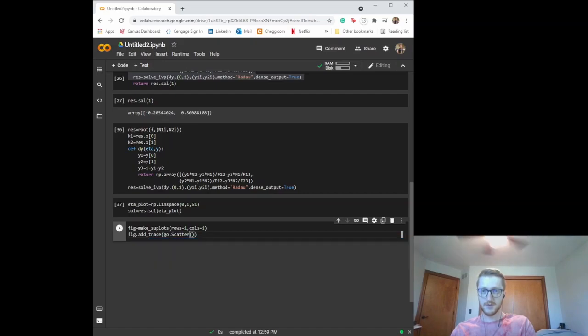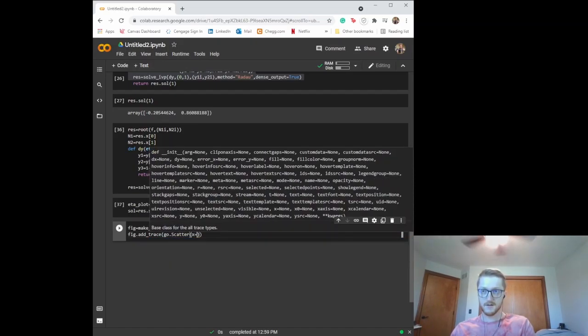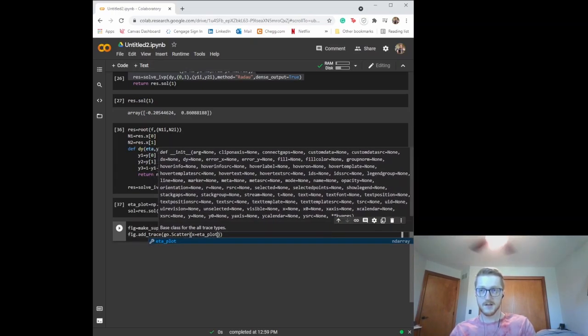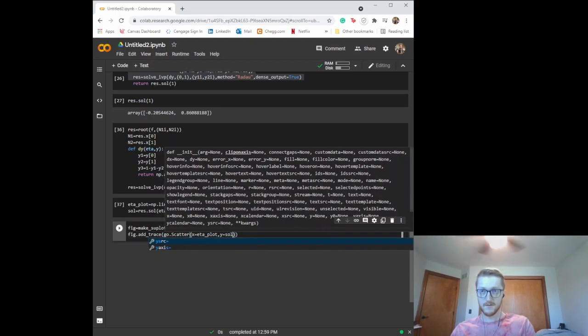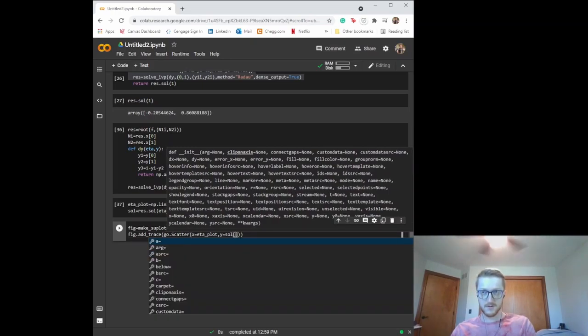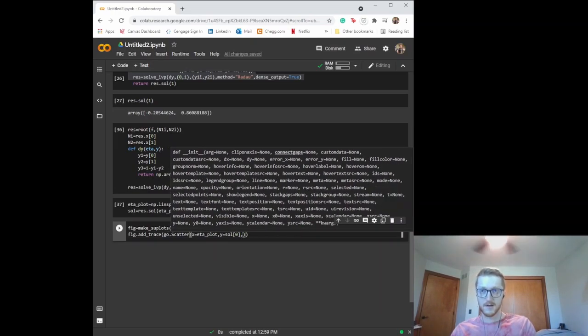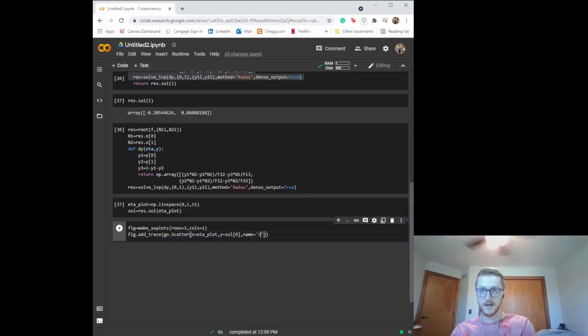And then with the scatter plot, you need to define your x values, which are going to be the eta plot, and that's those linear space values for eta. And then our y values are going to be equal to our function. In this case, this one is going to be for acetone, so we want to use the first value in the array, and we can name this acetone.